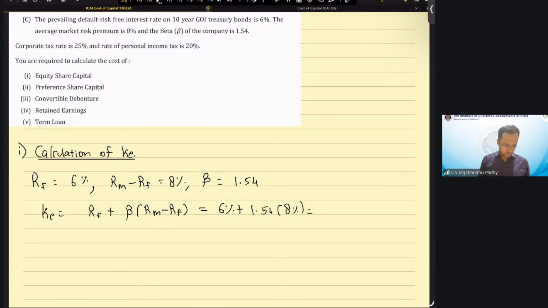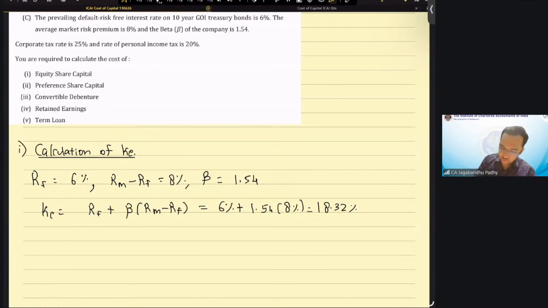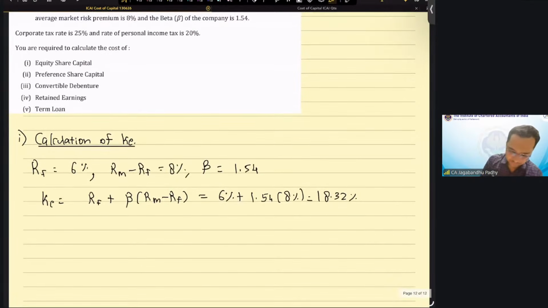Okay, so that's 18.32%. Right, so you do 1.54 into 8, and then you add to that 6. So 18.32 is the answer. As per the BODMAS rule, first you need to multiply this and then add this.